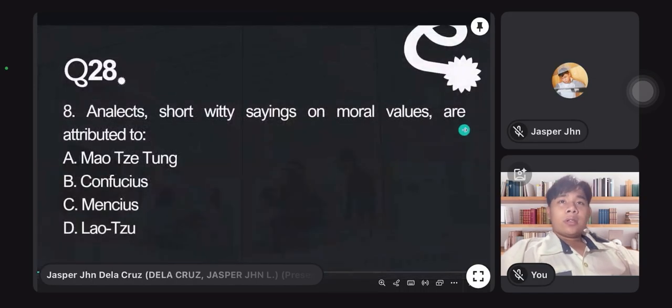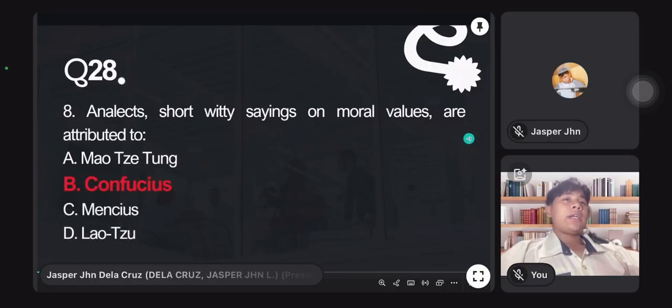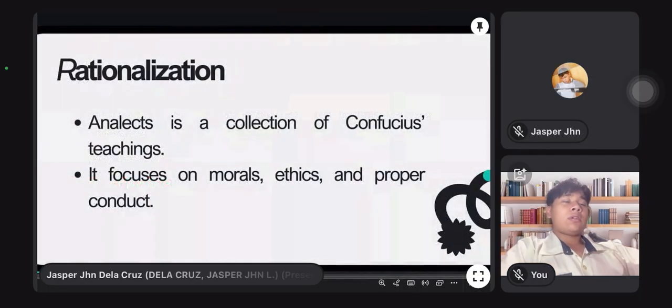Question number 28. Analects, short, witty sayings on moral values are attributed to letter A, Mao Zedong, letter B, Confucius, letter C, Mencius, letter D, Lao Tzu. So the correct answer here is letter B, Confucius. The Analects contain Confucius' teachings on morals.